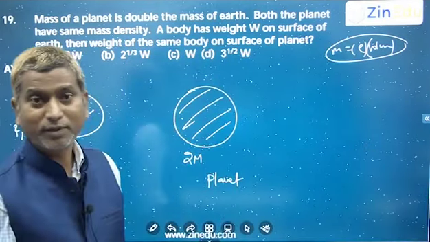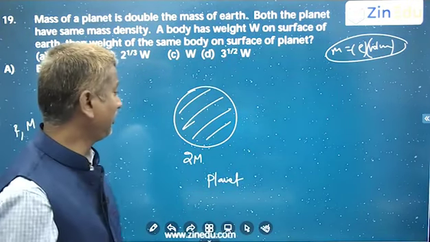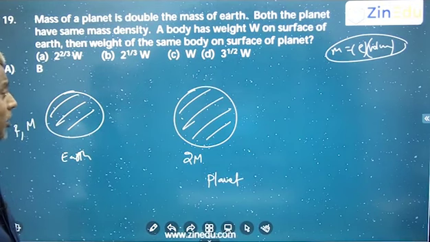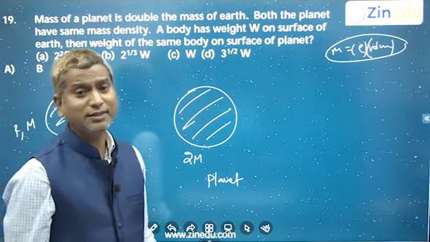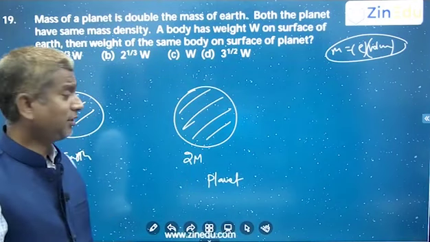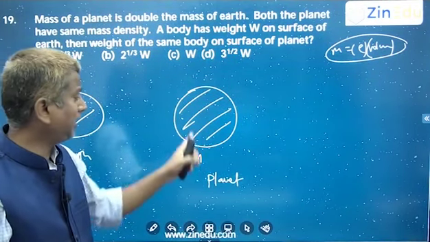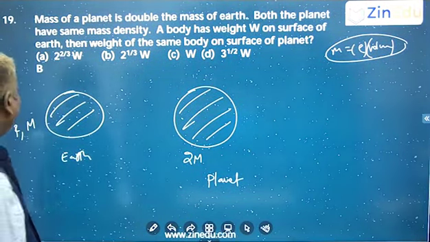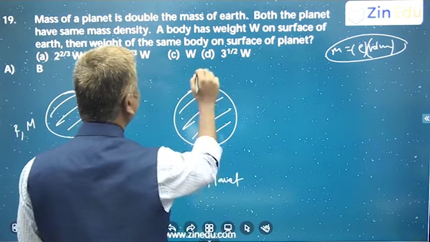So if you have 2R radius, then the volume becomes 8 times, so the mass will also become 8 times. Since the mass is becoming only 2 times, the radius will become 2 power 1 by 3 times R.